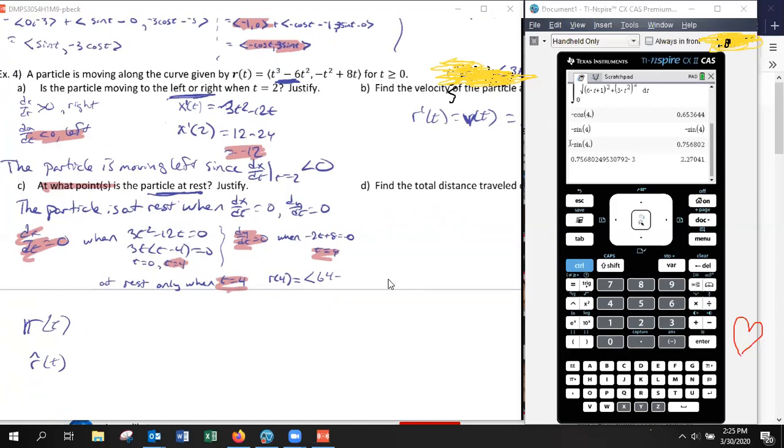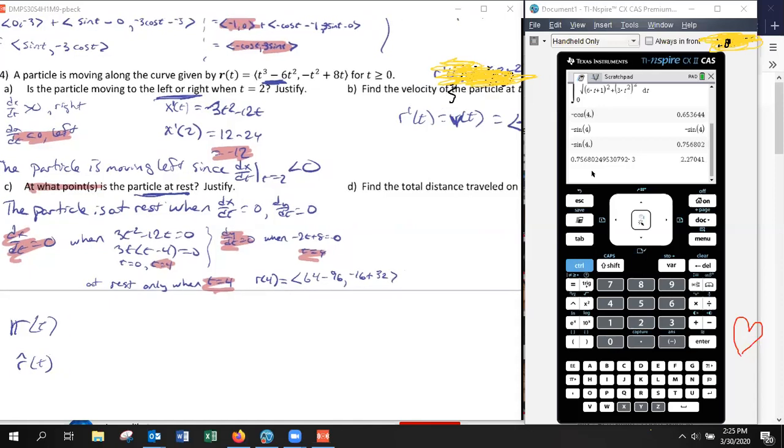Calculator, because I can't think at the moment. I guess that's 96. 64 minus 96 is negative 32. And then it would be negative 16 plus 8 times 4, which is 32. So that gives us, at the point, since they want the point, negative 32, comma 16.